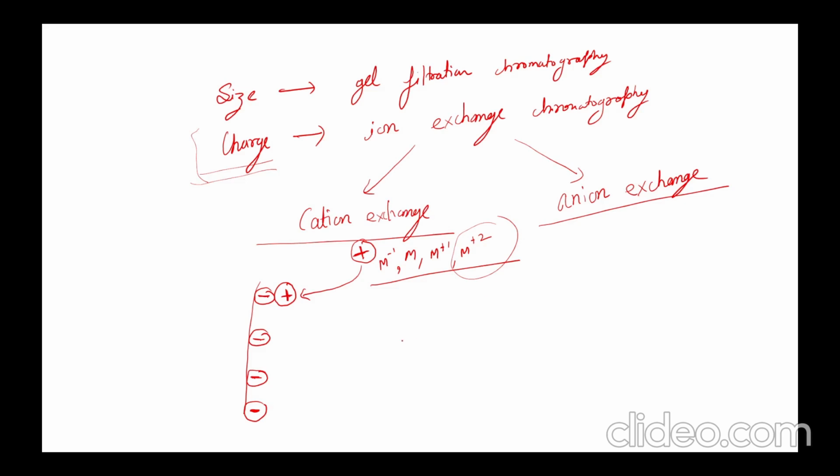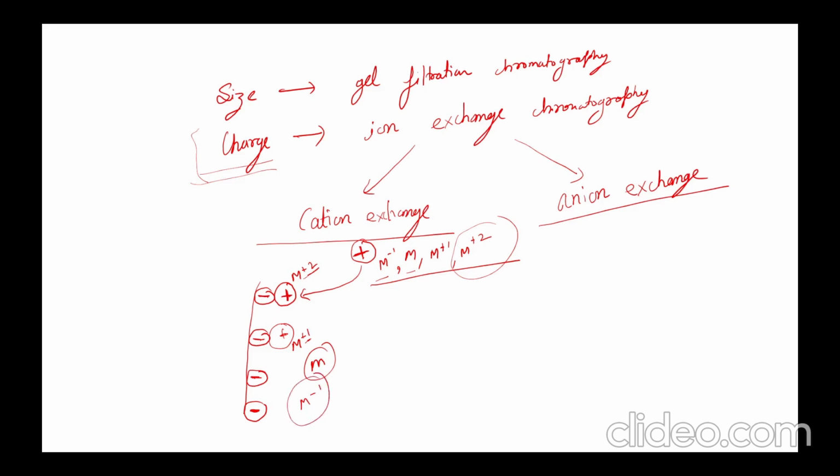Here, as the matrix is negatively charged, in this mixture only the positively charged ones will bind to the matrix. Suppose this one is binding, and this one is binding; the one which has higher charge will bind more tightly to the matrix, and the one which is neutral or negatively charged will not bind to the matrix.